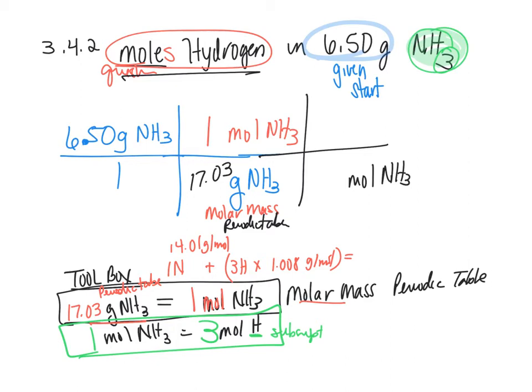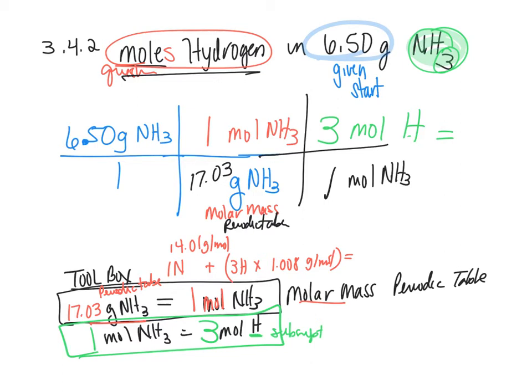So we can go from mole of ammonia to mole of hydrogen. And it's just hydrogen, folks. So it's not H2. In this case, it would be mole of just hydrogen. And now we know for 1 mole of ammonia, we have 3 moles of hydrogen.